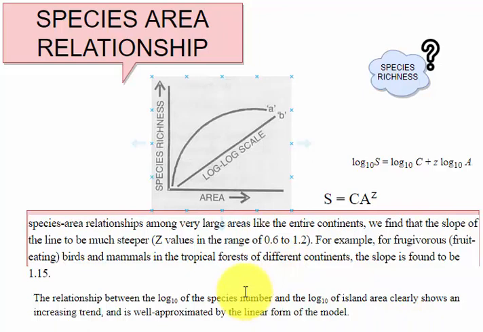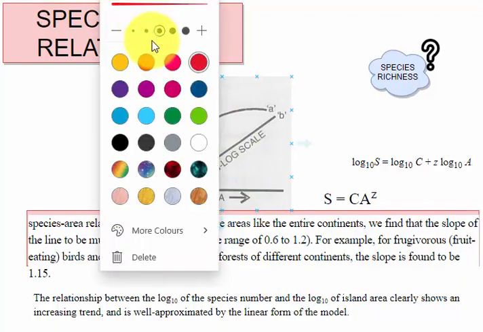Okay, so as the name indicates, there is some sort of relationship between the species and the area in which they live, which is called the habitat. A particular species lives in an area, and that area is called the habitat of that species.